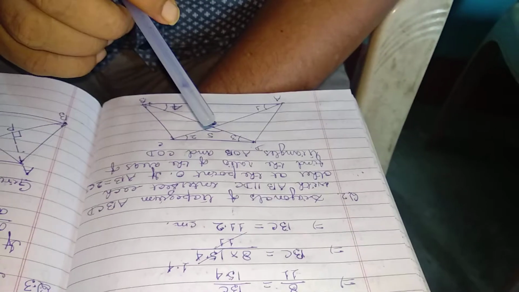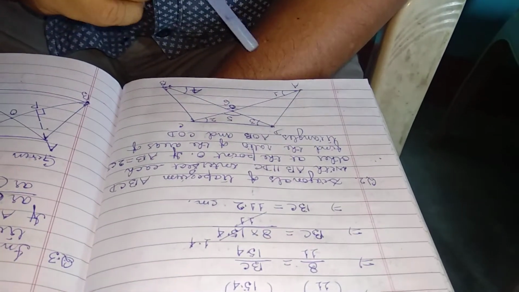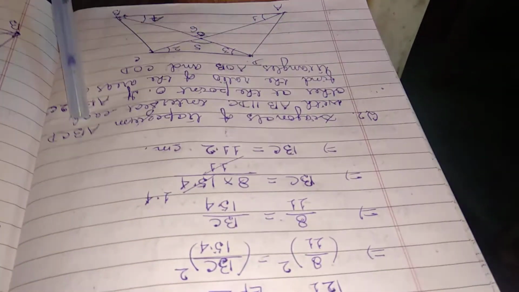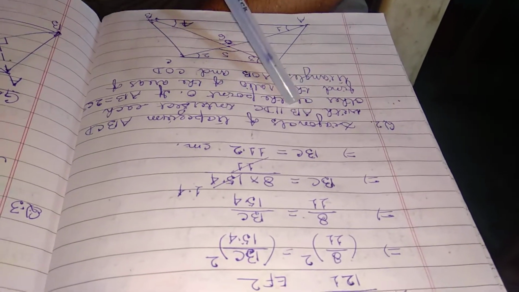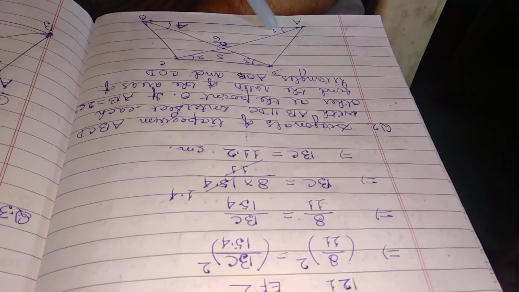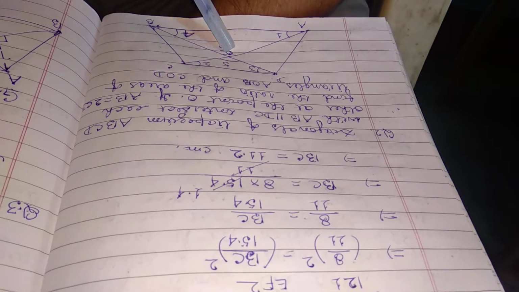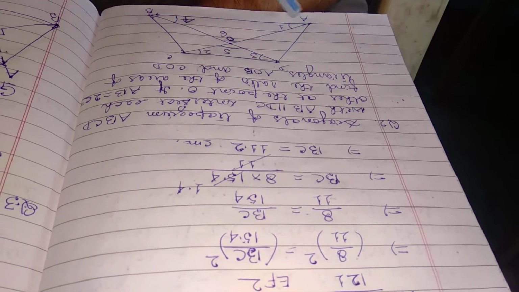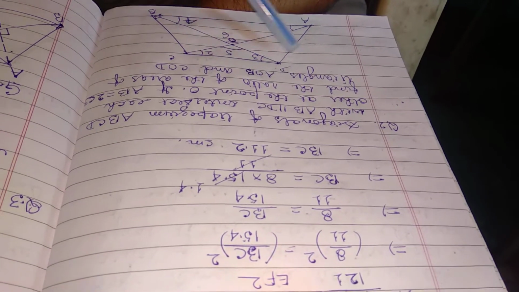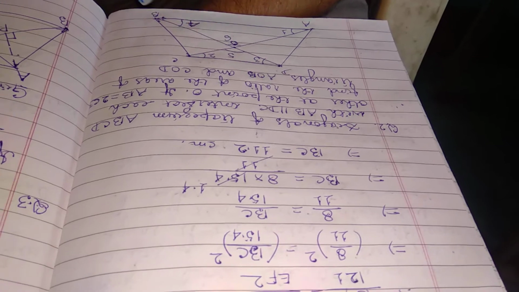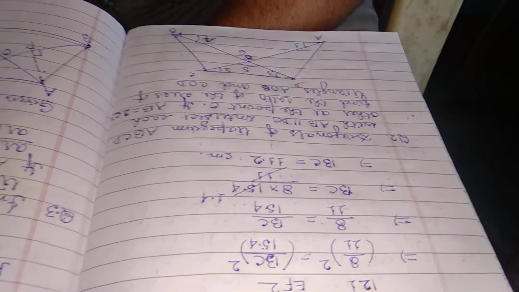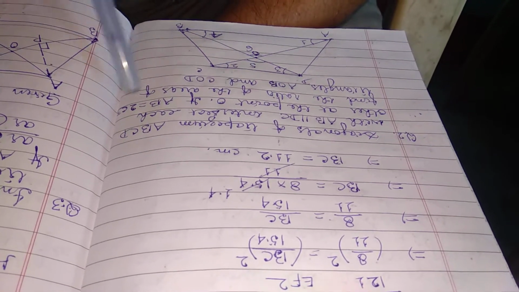You can also write down question 2 from our NCERT book. It says: diagonals of trapezium ABCD with AB parallel to DC intersect each other at O. If AB is equal to 2CD, find the ratio of the areas of triangles AOB and COD. Okay. Here in the question, ABCD is a trapezium.